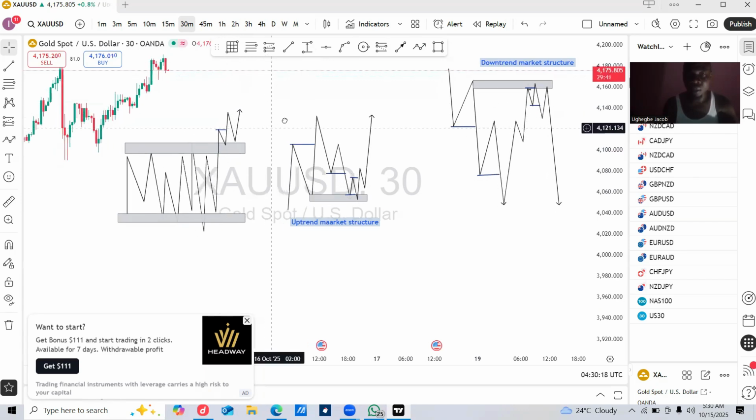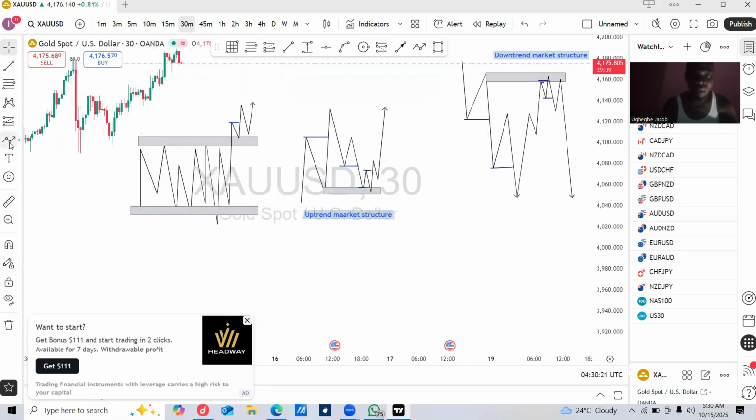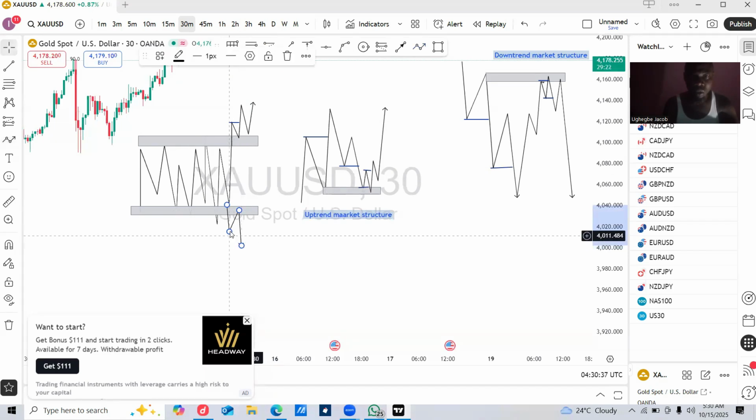Then likewise the same thing. If the market, for example, returns back and takes out this low here, allow the market to pull back. Once the market has pulled back, allow the market to return down to take out this low here.